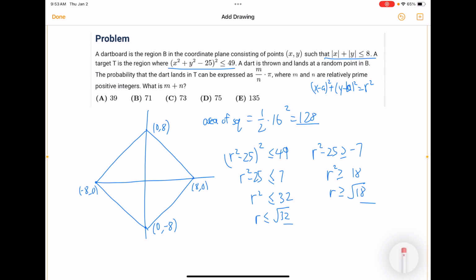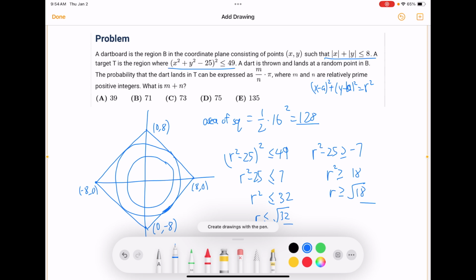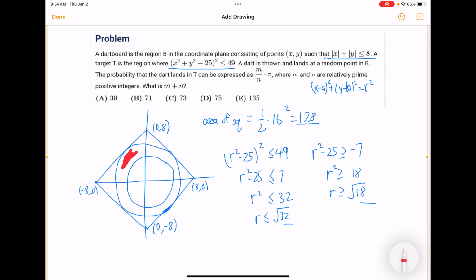We have a circle in the square, and this is going to have a radius of the square root of 32. And then we have a smaller one, and that's going to have a radius of the square root of 18. And the region T is simply the part that is in between these two circles. So it would be that part.